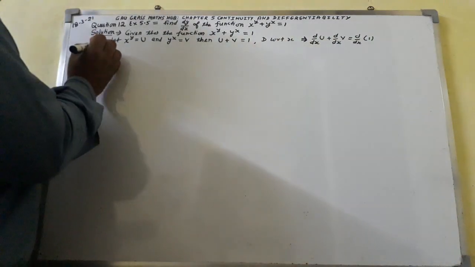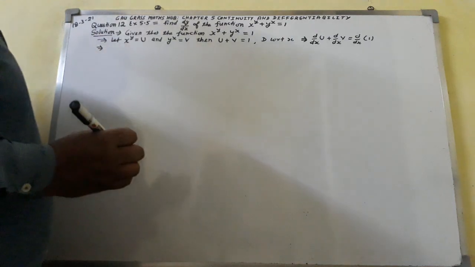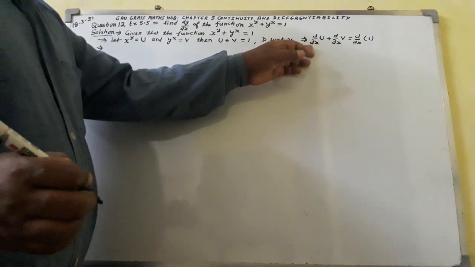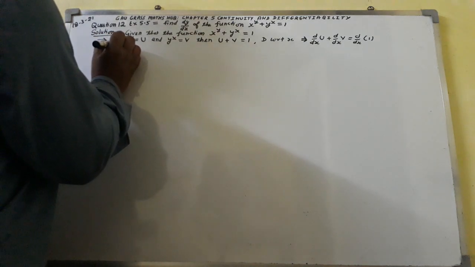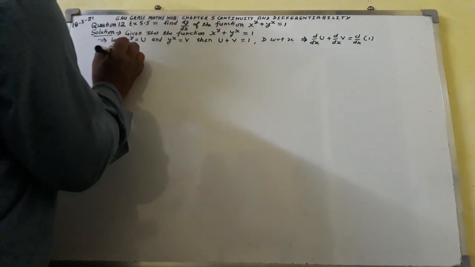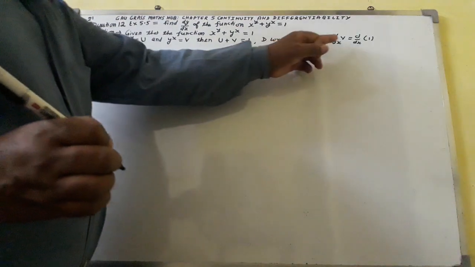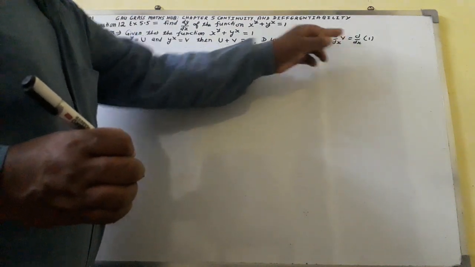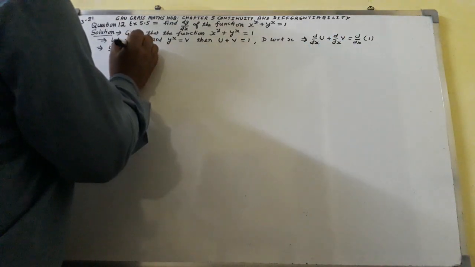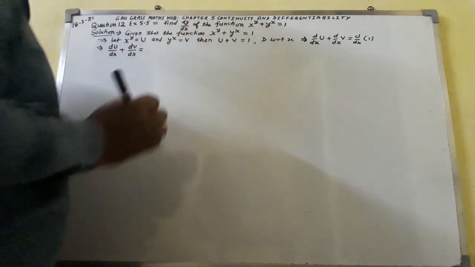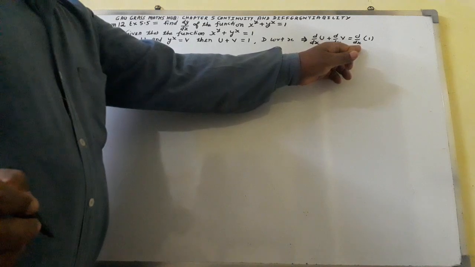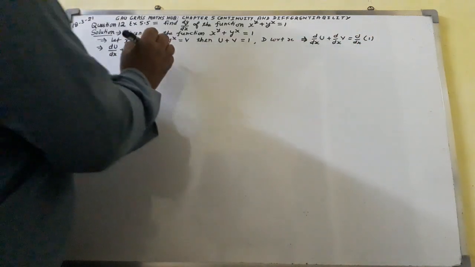So d over dx of u comes out to be du over dx plus d over dx of v comes out to be dv over dx. Here the derivative of a constant is 0.